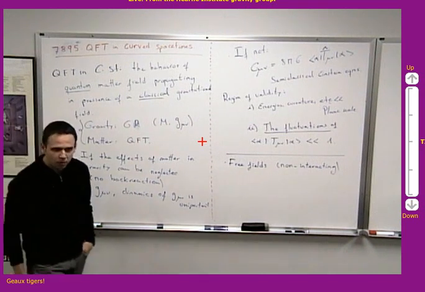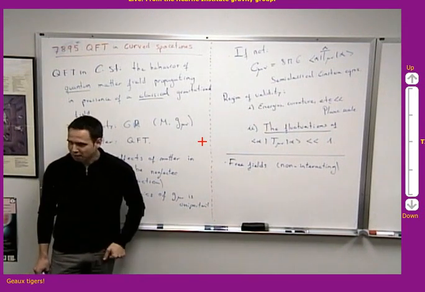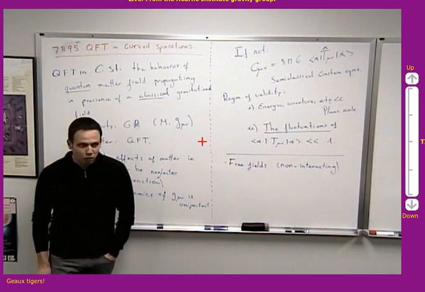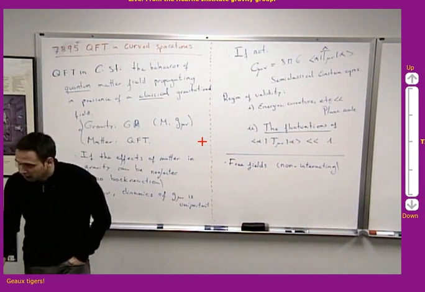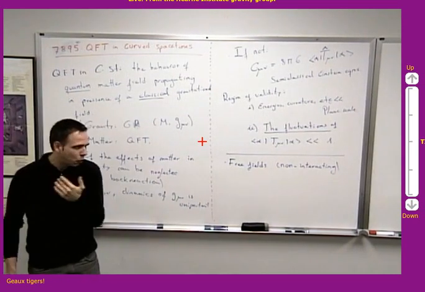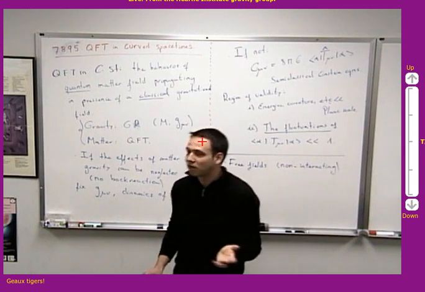I can tell you, and we will see that in detail, that the definition of vacuum relies on Poincare symmetry. The definition of particle, what you mean by particle, relies on Poincare symmetry. And normally, we are so used to the notion of particles that we sometimes call quantum field theory particle physics.